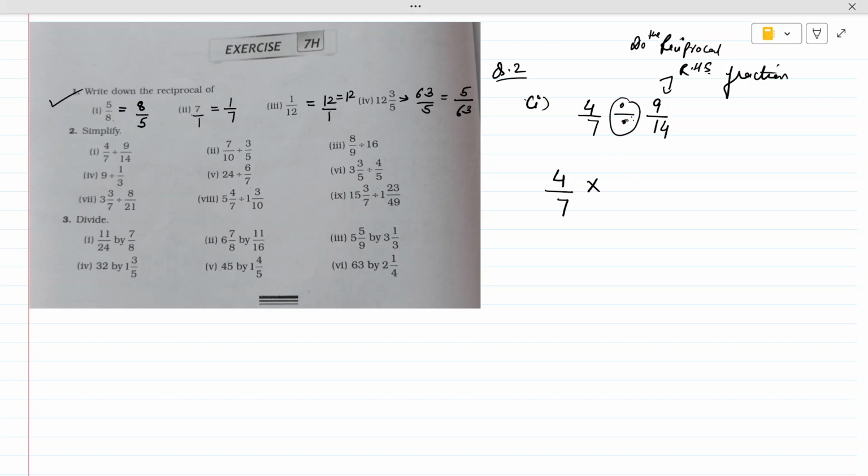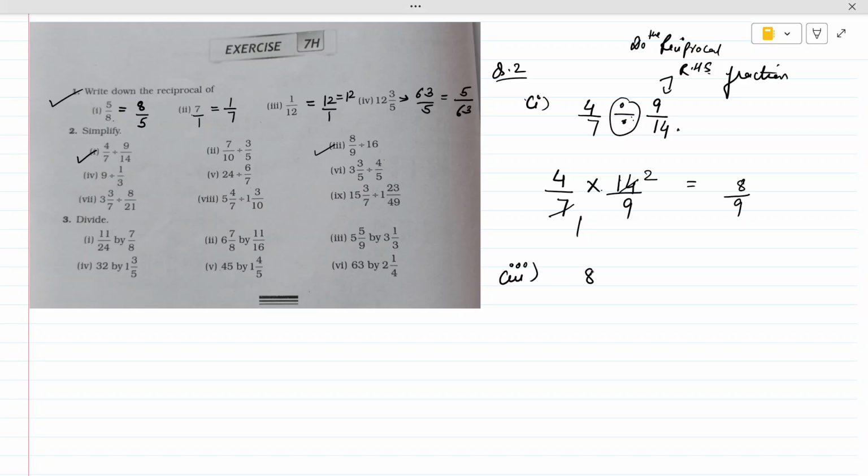So if I'm changing division to multiplication, pick the right hand side fraction always and do the reciprocal of it. Reciprocal of 9 by 14 will be 14 by 9. So what we have done, we have changed the division to multiplication and now we can solve it. 7 into 1, 7 into 2. What will be the answer? 4 into 2 is 8, 9 into 1 is 9. This is our answer. Likewise, let me do question number 3rd.